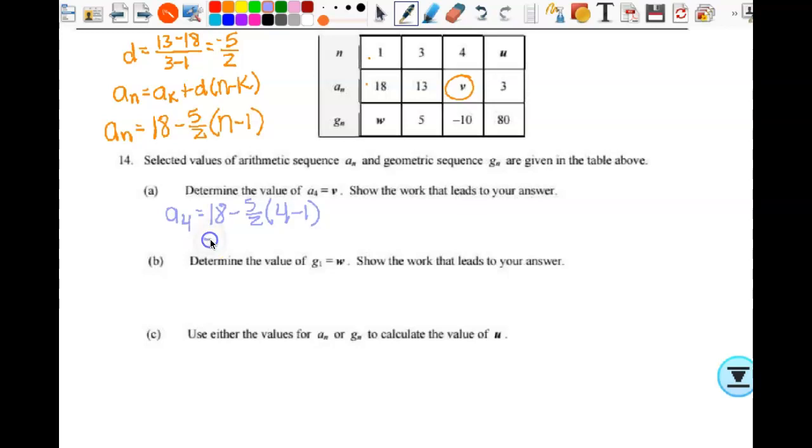That would give me 18 minus 15 halves. And that 18 I can change into 36 over 2. So 36 over 2 minus 15 over 2. So 36 minus 15 is 21. That gives me 21 over 2, and that is the value for v.